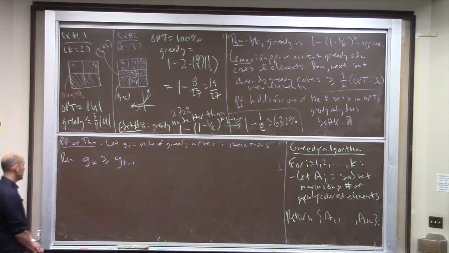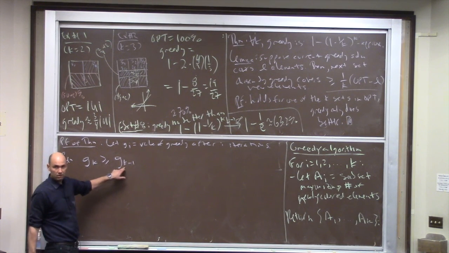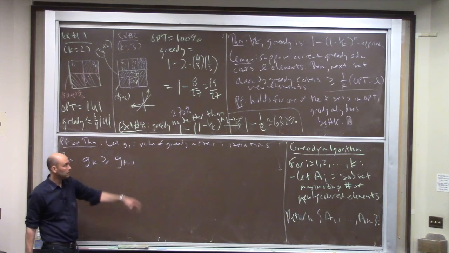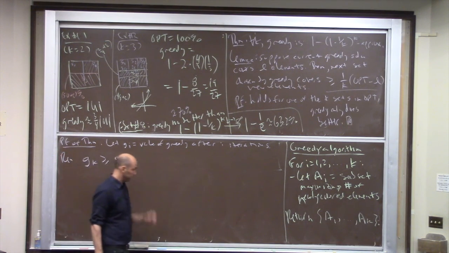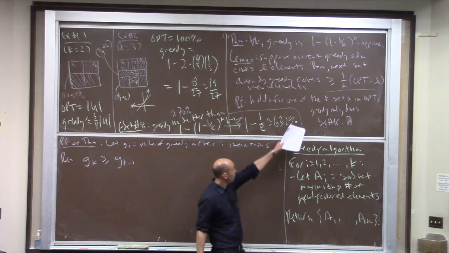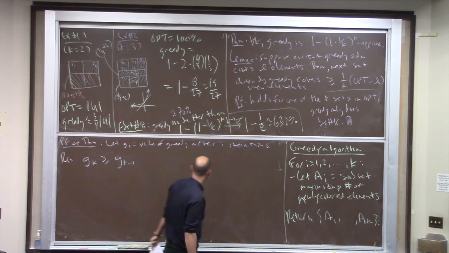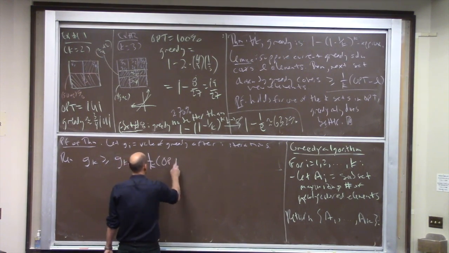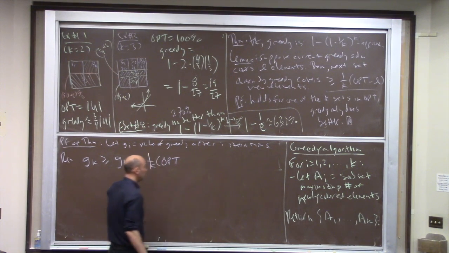Well, it's however many we covered after k minus 1 iterations, plus the number of newly covered elements in the last iteration, the kth iteration. How much did we cover in the kth iteration? Well, we don't really know, but we know it was at least 1 over k times (opt minus L).